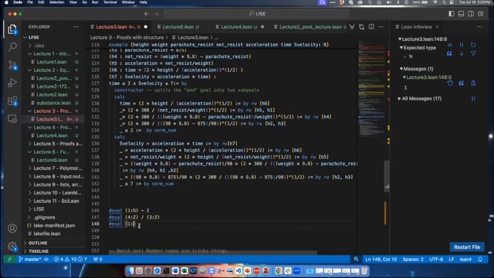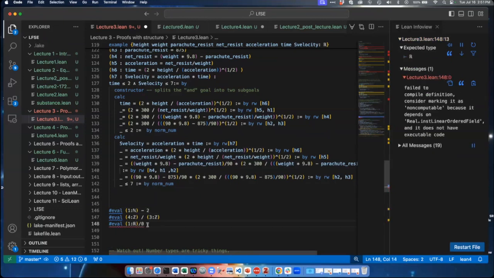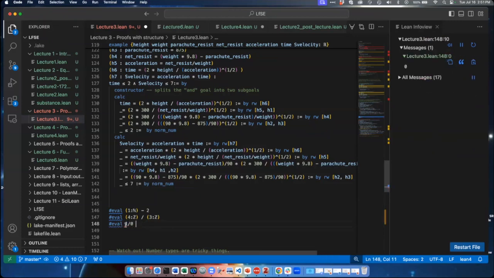Let's make 1 a real number, and I'm going to divide it by 0. 1 divided by 0. Okay, yep. So 1 divided by 0 is equal to 0. This one is another really frustrating one because, what does it mean to divide by 0?